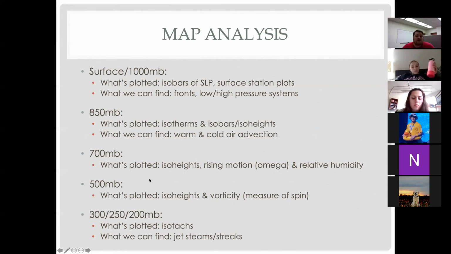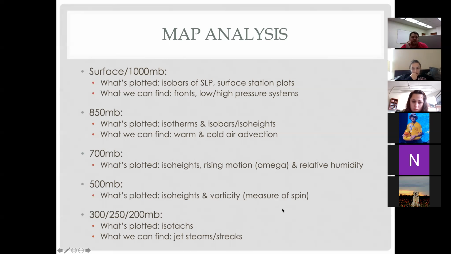Then at 700 millibars, this is where we plot iso heights, and we can find rising motion, which is the omega term if you get into really complicated equations like in dynamics, but it's just the rising motion of air, and then relative humidity. That's the other main thing. Then at 500 millibars, this is iso heights, and this is where you find the vorticity, which is the measure of spin. And then at the upper levels of the atmosphere, we plot isotachs, and these are where you find jet streams and streaks.